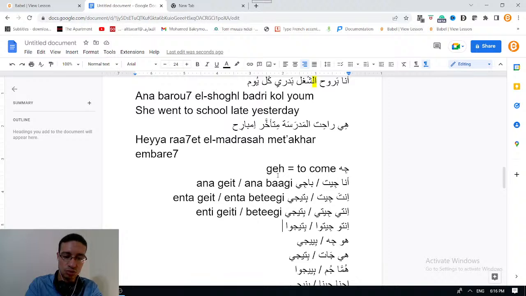And then we have into, gate to, you came. This alif is not pronounced, and the ending is always u for into. So into gate to.